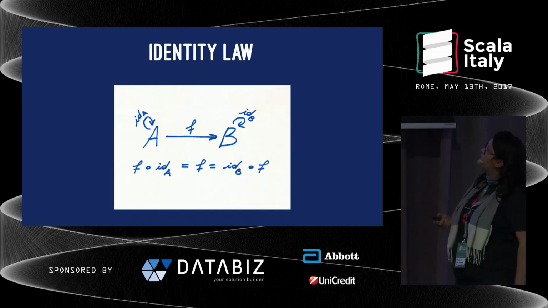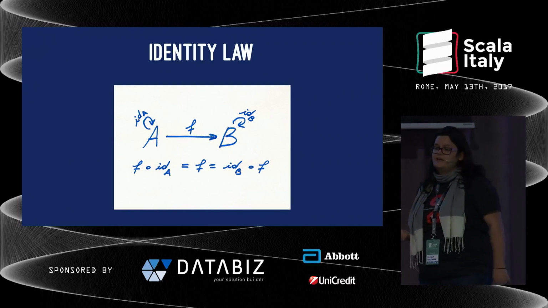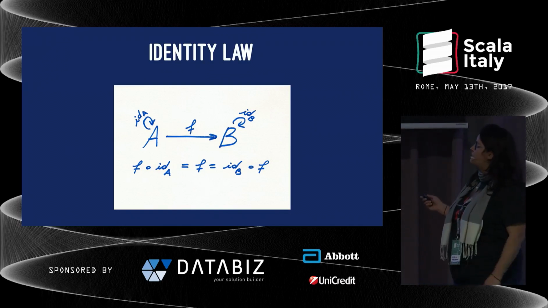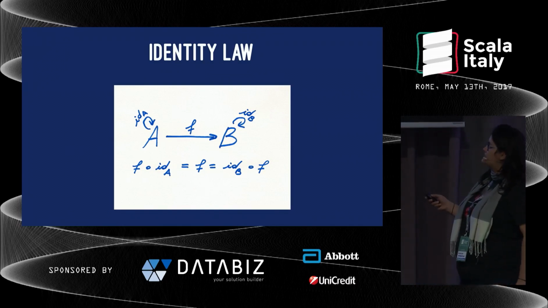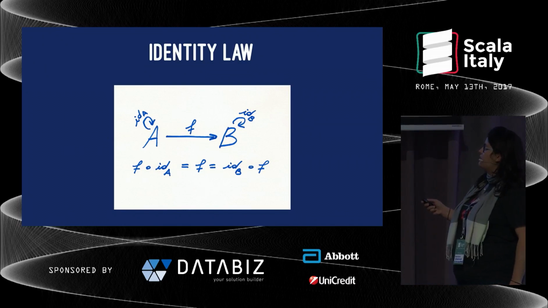The second law that is really important is the identity law, where basically we say that if we take this F to go from A to B, it's the same as saying, okay, I'm going to take this little arrow that basically does nothing.